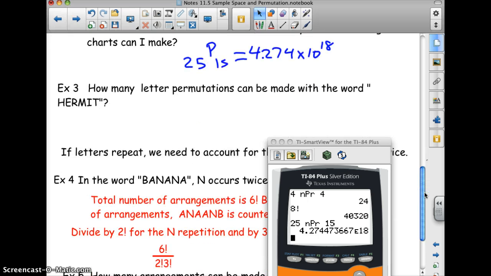How many letter permutations can be made with the word hermit? That just says letter permutations, it doesn't specify a specific number. So basically, I'm going to pick all of them, right? So 1, 2, 3, 4, 5, 6. All right. So if I have 6, that's 6 factorial, and I can evaluate 6 factorial.